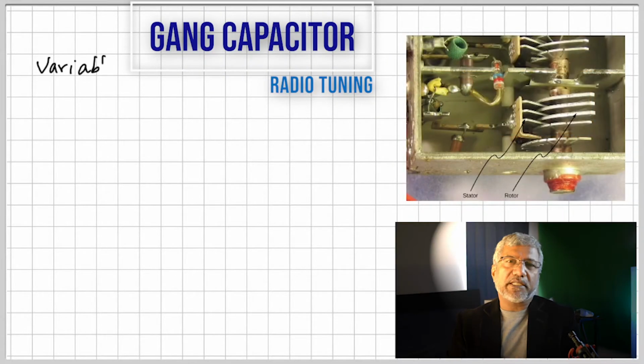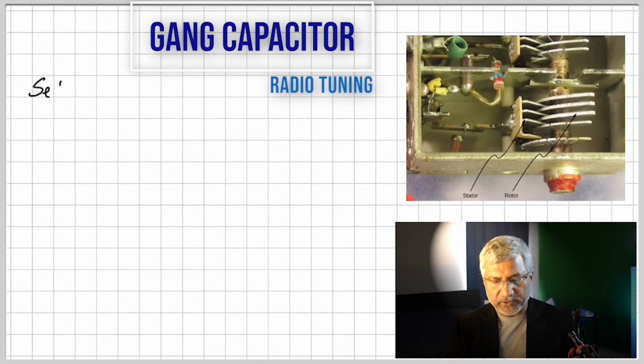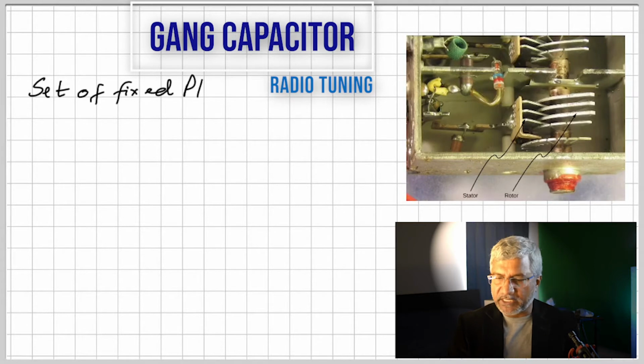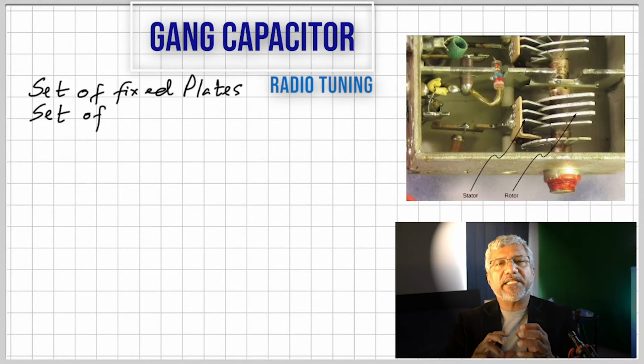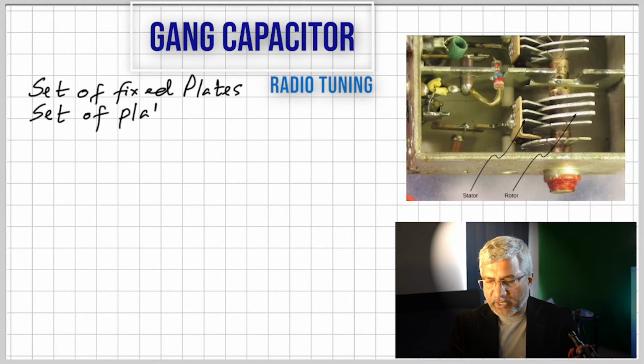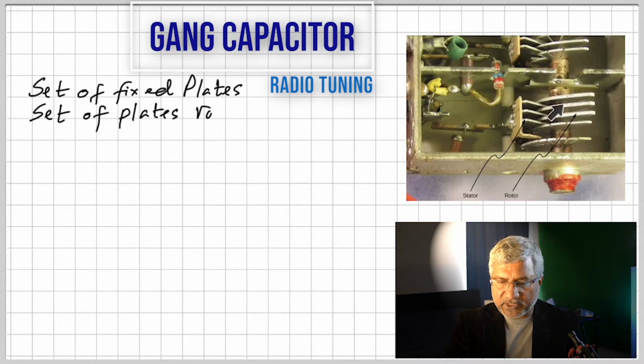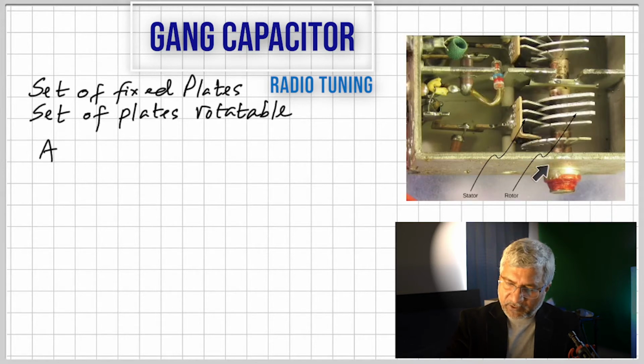Now here is an important application of a capacitor that is used in tuning a radio. Here we have a set of fixed plates and another set of plates that can be rotated. The set of fixed plates is called the stator, and then you have this which can move in.